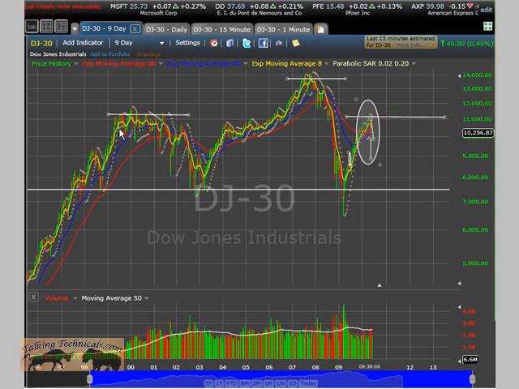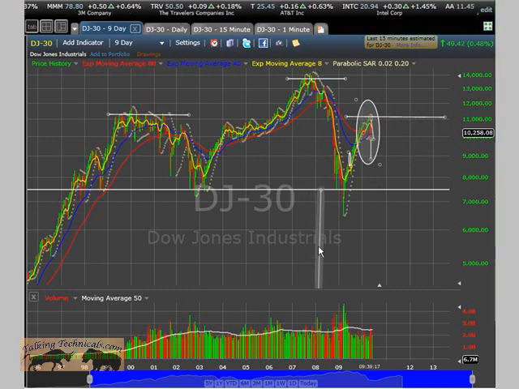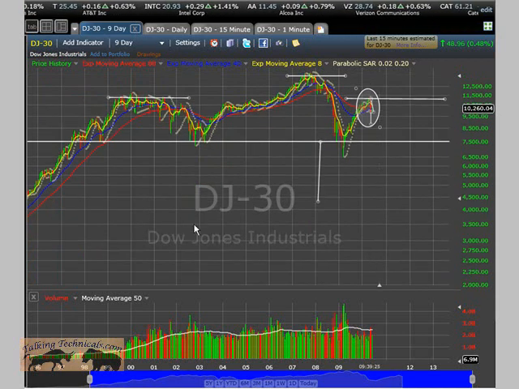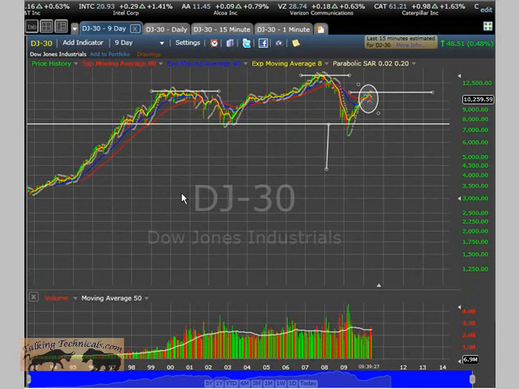So we could stay in a range like this, like the left shoulder did for a while, but if this breaks down, where does the measured move of this take us? All the way down to just about 4,000 on the Dow Jones. Now there are a couple of support levels.